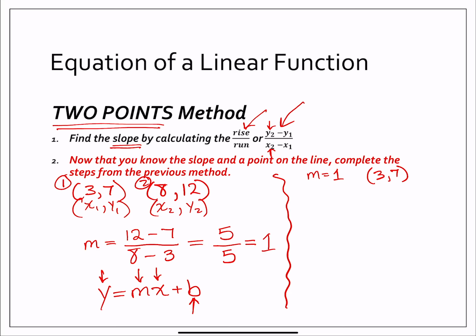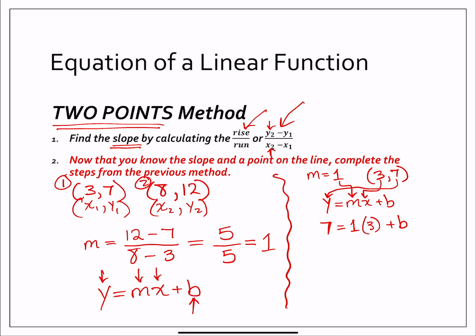Let's write it out: y equals mx plus b. The 7 is going to plug in for y. The 3 is going to plug in for x. And the 1 is going to plug in for m. So now we have 7 equals 1 times 3 plus b, right?